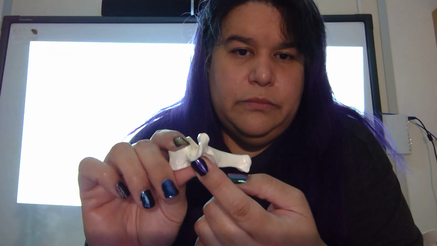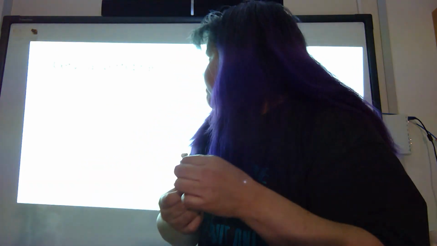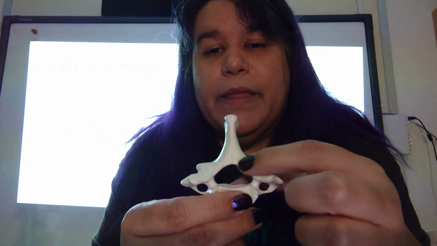Pedicle, because there's the ear, there's the body. The lamina, between the spinous process and the ear, the lamina, okay?